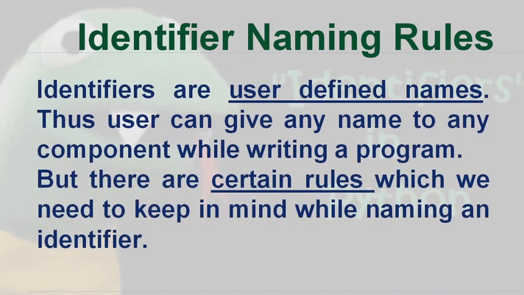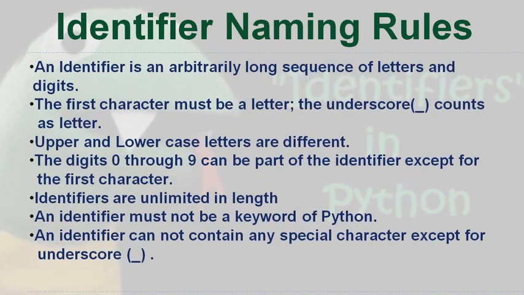Some rules we have to follow whenever we name identifiers, so that our program works properly. So just see these rules. First, it can be a sequence of letters and digits, but the first character must be a letter, an alphabet, or an underscore. It should not be a digit. Second, lowercase and uppercase letters are different here.